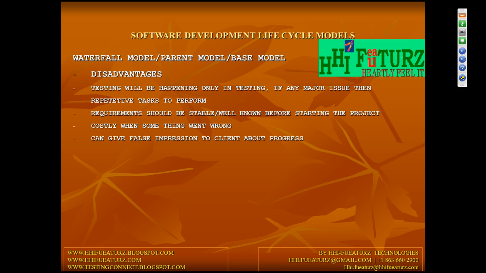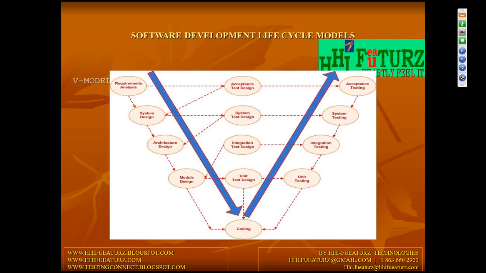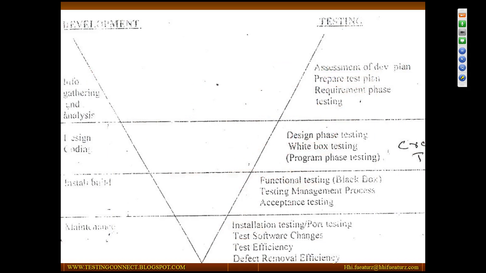To overcome the drawbacks of the waterfall model, the V model comes into the picture. Our next model is the V model. The major difference between the waterfall model and the V model is that in the waterfall model, only the team members of the phase that is going on are present.